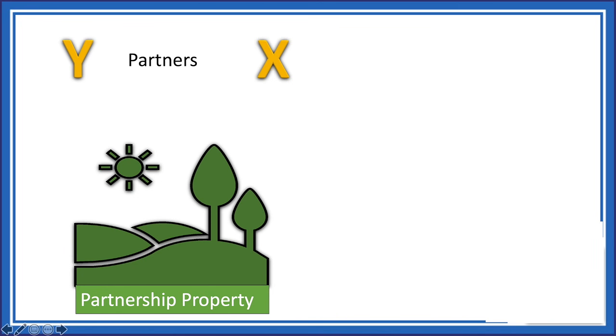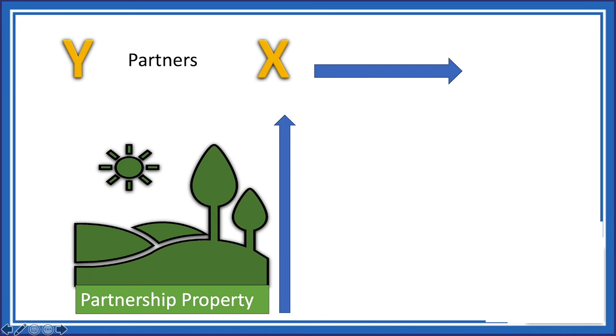Now, ang ginawa ni X is kinonvince niya si Y na ibenta sa kanya ang lupa. And then, so, nung nabenta na sa kanya, naging sa kanya na, hindi na sa partnership, then binenta ulit doon kay C at a big profit. Okay, nagets nyo? So, in this case, X is actually guilty of fraudulent concealment.